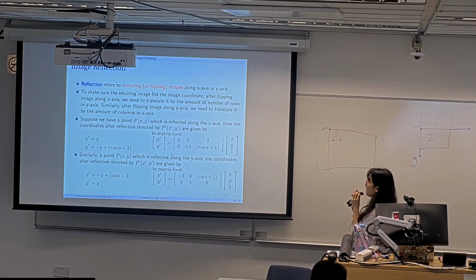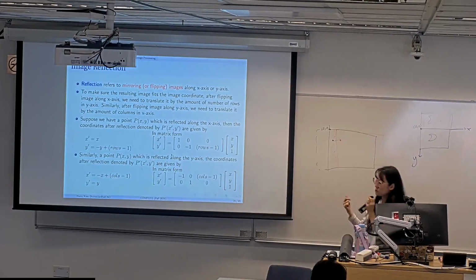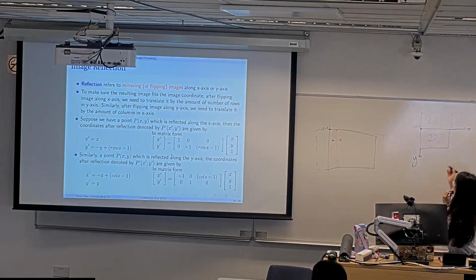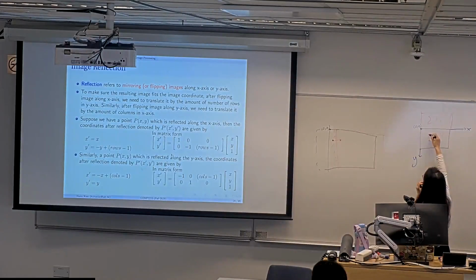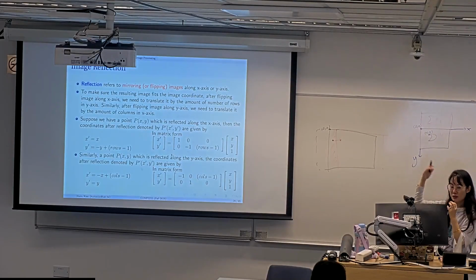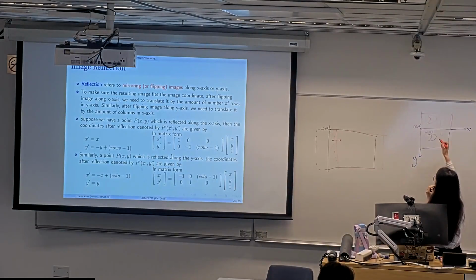Alright, so in this case, we can get the relation between the new coordinate and the old coordinate. Suppose we have some point x, y, which is reflected along the x-axis. Just consider this point is x, y. Then after reflection, it will become this point.